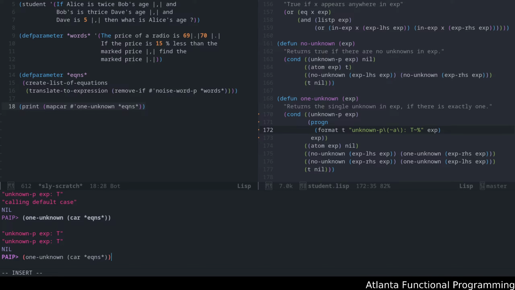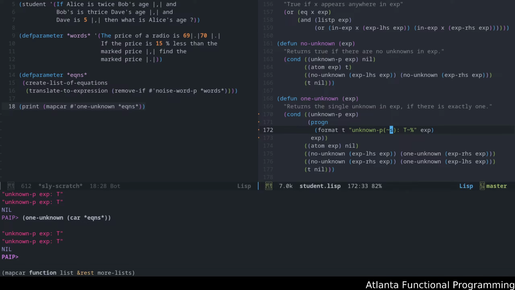Let me see something here. Oh, right, they're not escape characters. EXP cannot be just EXP.